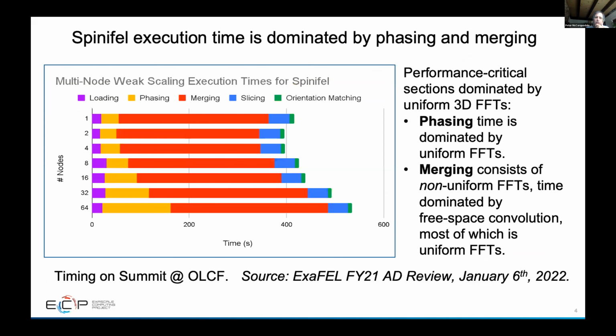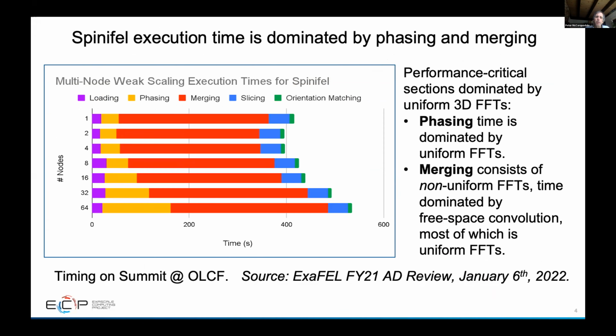We learned from the XFEL people that the execution time of Spinifel is dominated by phasing and merging, as shown in this graph. Phasing in yellow and merging in red take up most of the time, and the phasing time is dominated by uniform FFTs, as I showed in the previous slide with the inner loop.